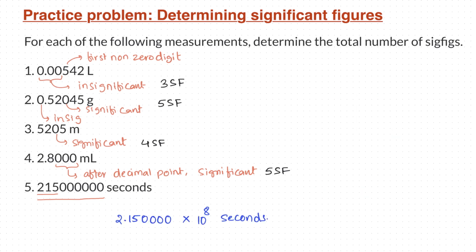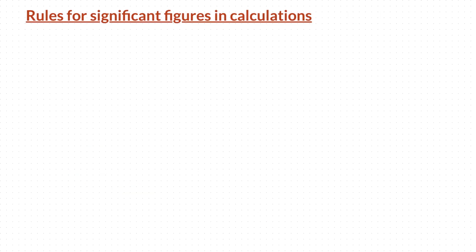So far, we learned how to count the significant figures in individual measurements. In the next slide, we will learn to determine the number of significant figures in the final result of an arithmetic calculation. In this slide, we will learn the rules to determine the significant figures in the final result of an arithmetic calculation from 2 individual measurements.